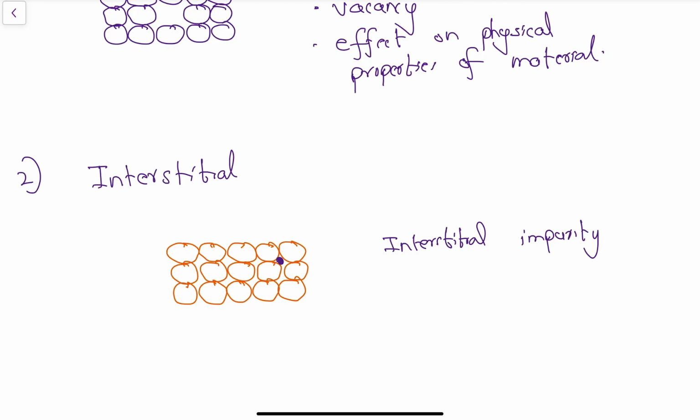This also has a significant effect on the physical and chemical properties of the material.